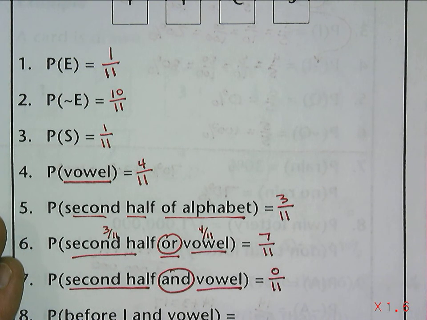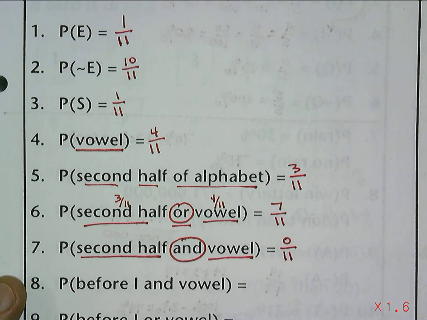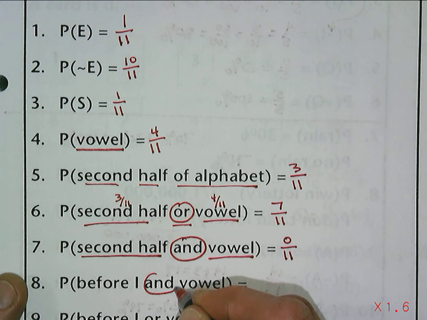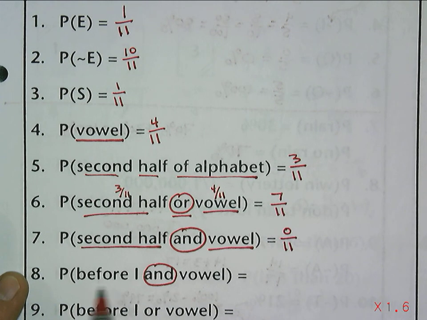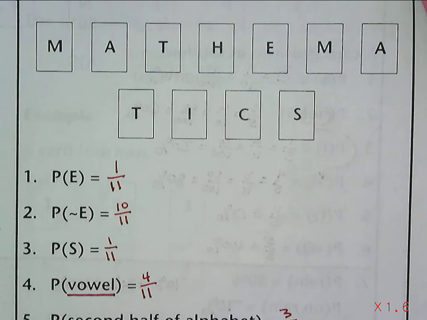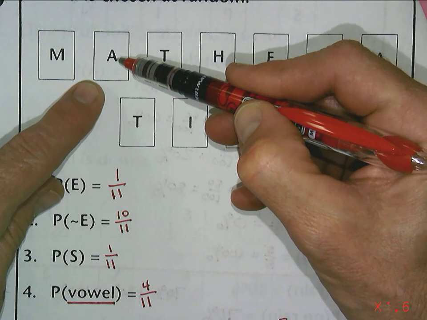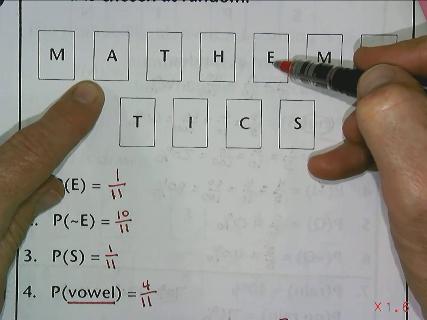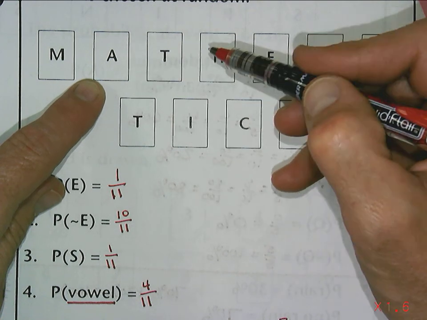It has to be second half and a vowel, and none of those in that deck are true for that. So now we look at another and one, and the and ones again are more exclusive. There's usually less that are true because it has to be both. It has to be before the letter I and a vowel. So that's pretty simple. Before I and a vowel. So we're really only looking at vowels. A and E and A. That's before I and a vowel.